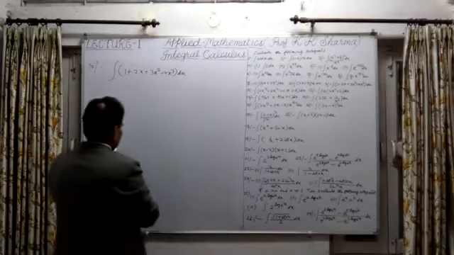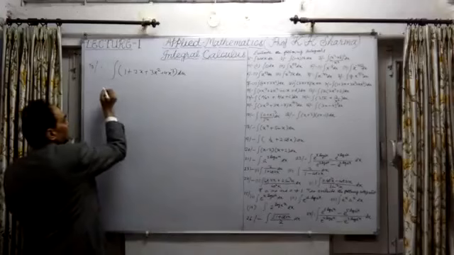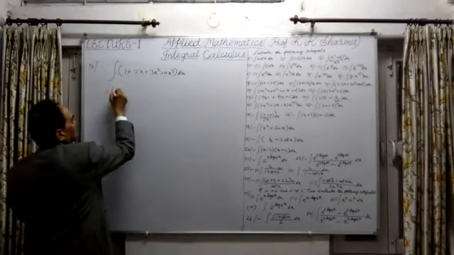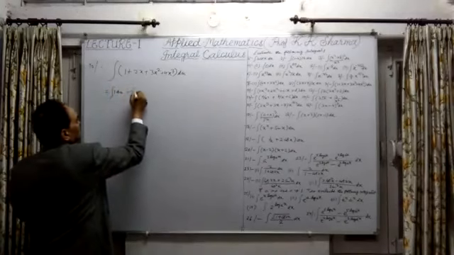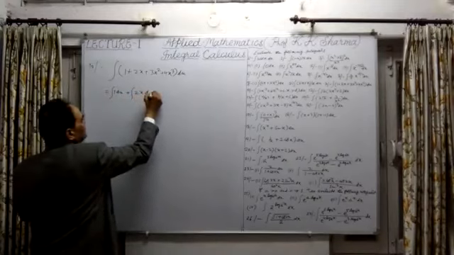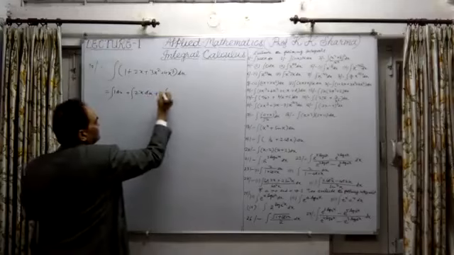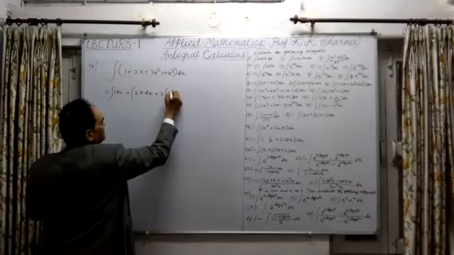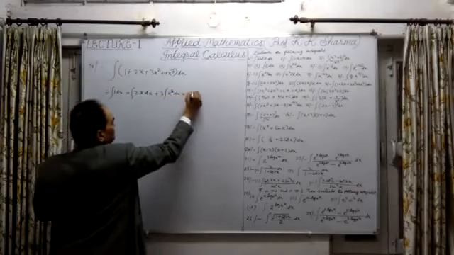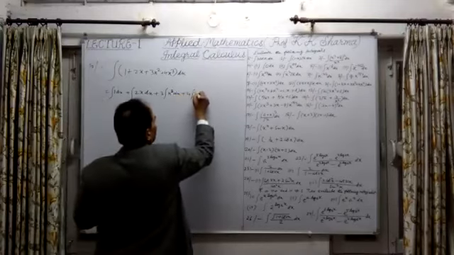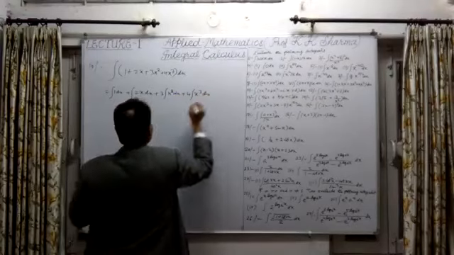Okay, this can be written separately: 1 into dx plus 2 into x into dx, plus 3 into x squared into dx, plus 4 into x cubed into dx.